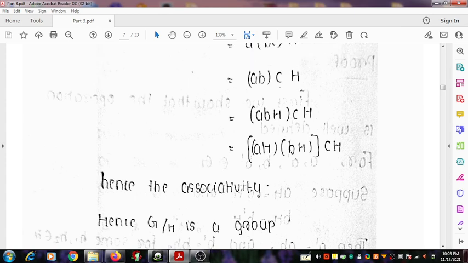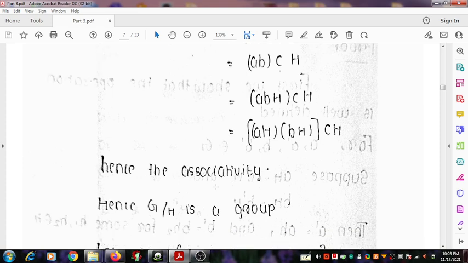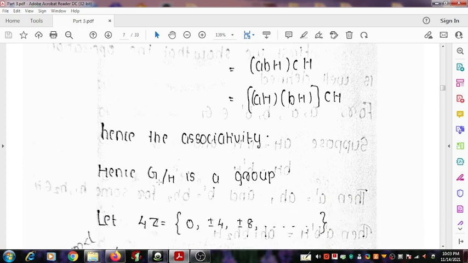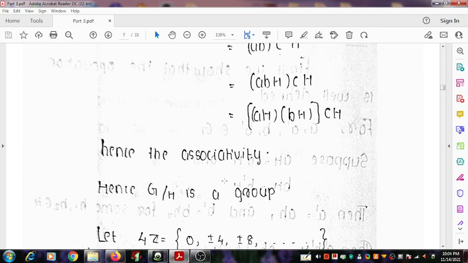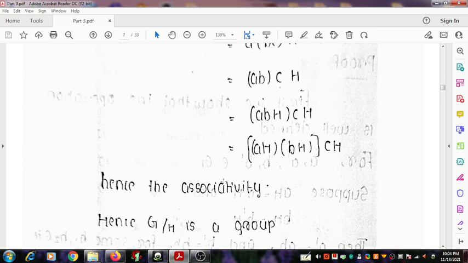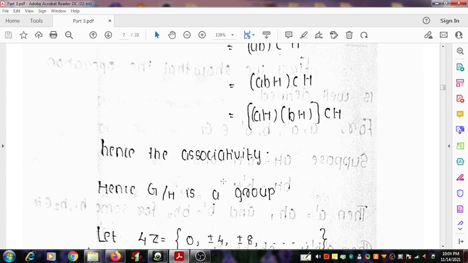So all these steps show that the non-empty set together with the operation defined makes a group, that is, G bar H acts as a group, and this group is called the factor group or the quotient group.